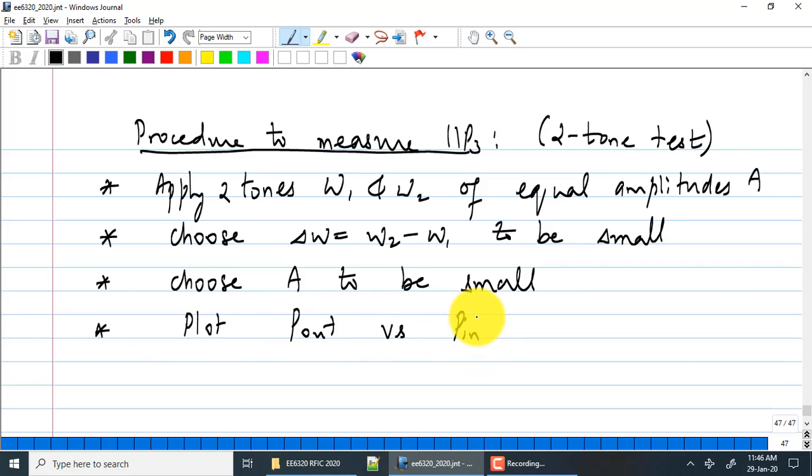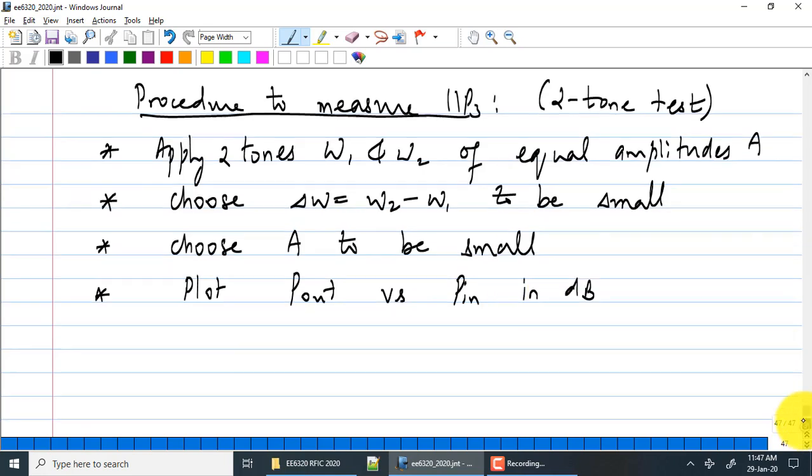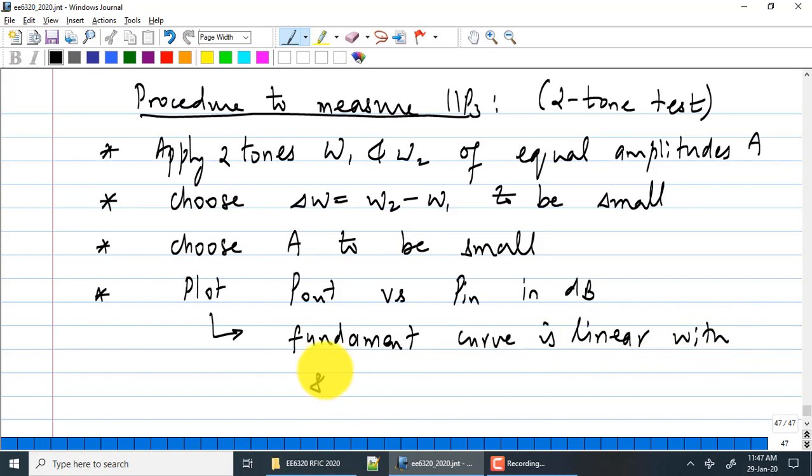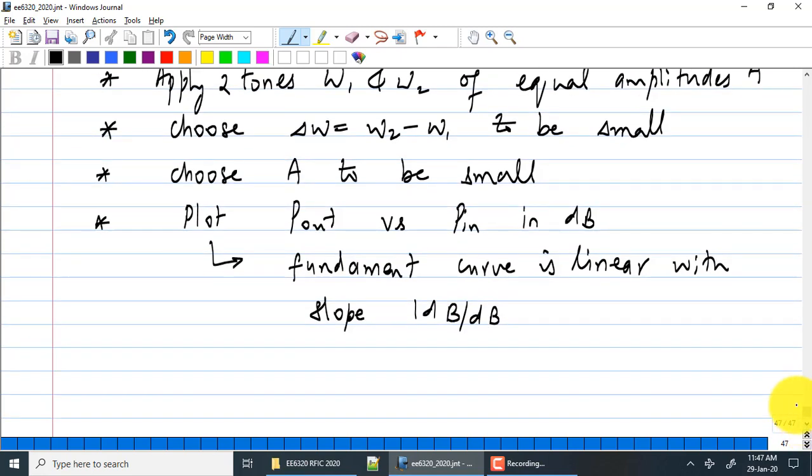And here in dB, this will give you, of course, the fundamental will be linear. And that is where choose A to be small, the previous point, comes in.